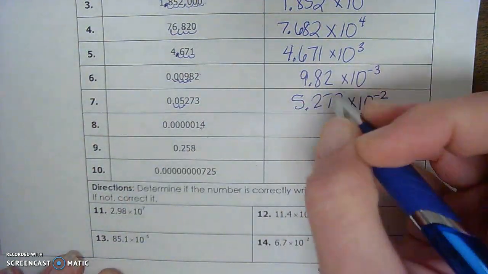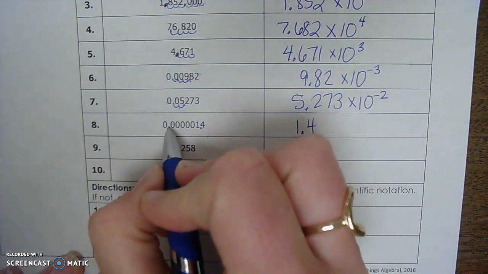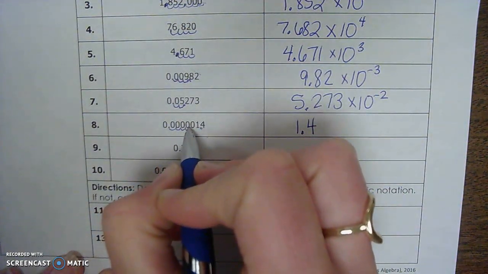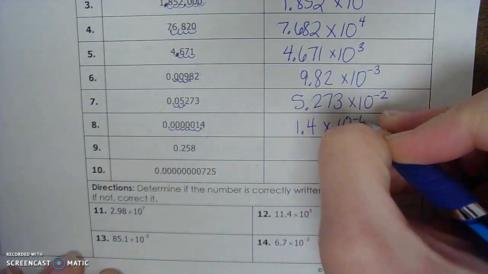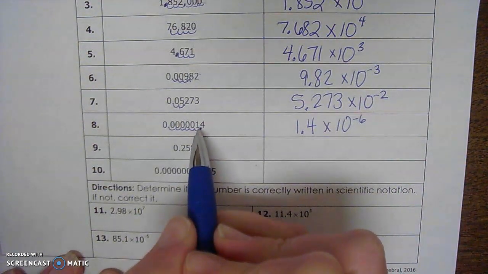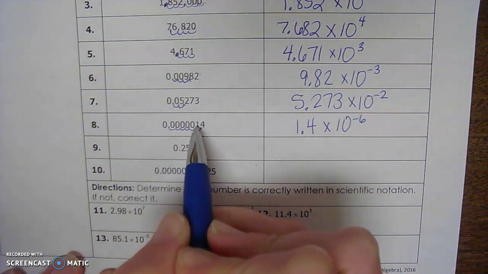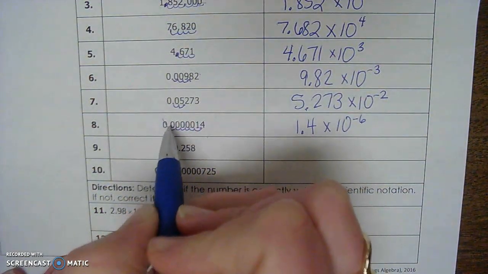If I put my decimal in first, 1.4, 1, 2, 3, 4, 5, 6. 1.4 times 10 to the negative 6th. Again, you can just count the numbers in front of the decimal this time. 1, 2, 3, 4, 5, 6. You don't count this 0.